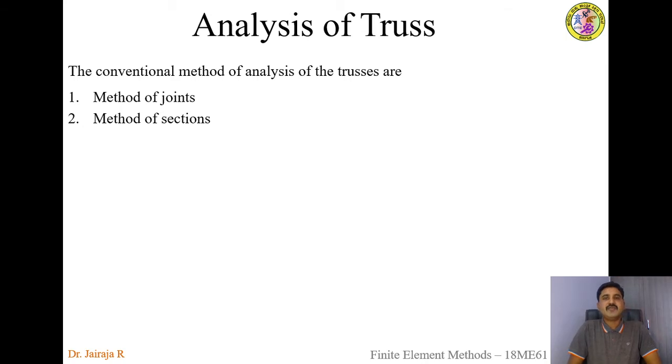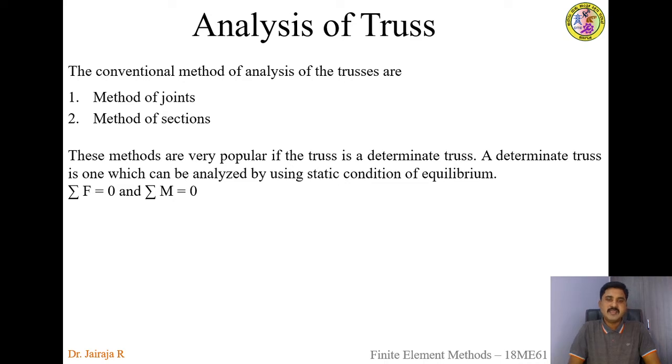Next, analysis of truss. The conventional methods of analysis of trusses are method of joints and method of sections. These methods are popular if the truss is a determinate truss. A determinate truss is one which can be analyzed by using static conditions of equilibrium, that is summation of forces is equal to 0 and summation of moment is equal to 0.